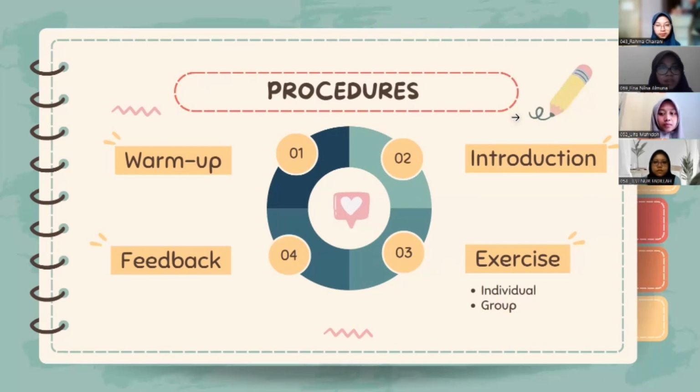The method is in line with blended and online learning. And the next is the group assignment. Students will discuss with friends in the group that has been determined. This method is aligned with the cooperative method and communicative language teaching.